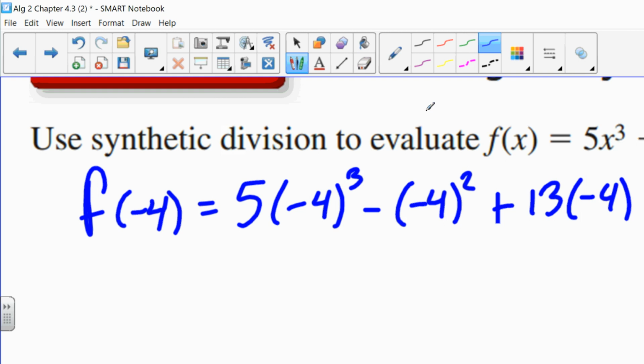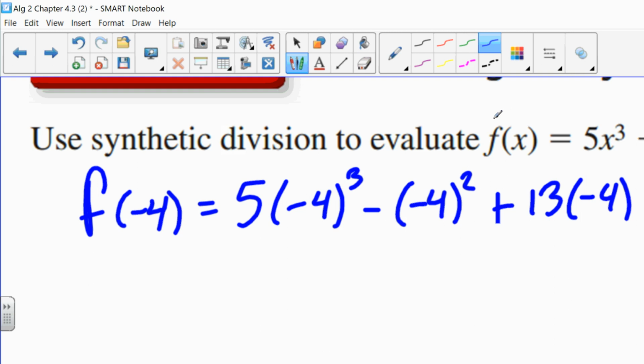And we could plug that in. And if we plugged it in, what would we get?